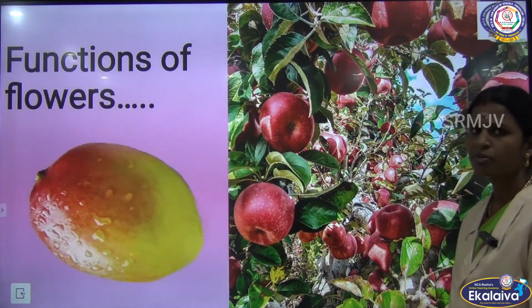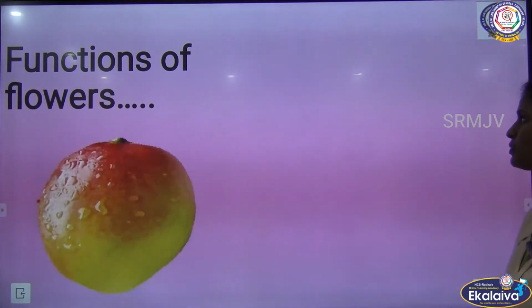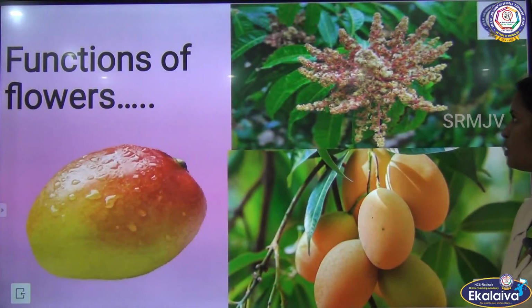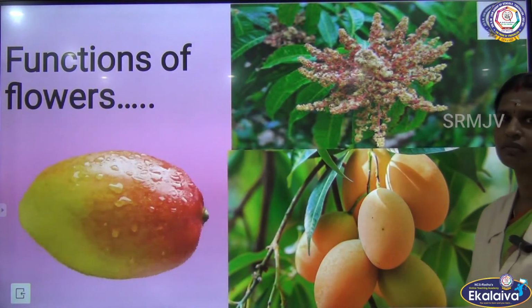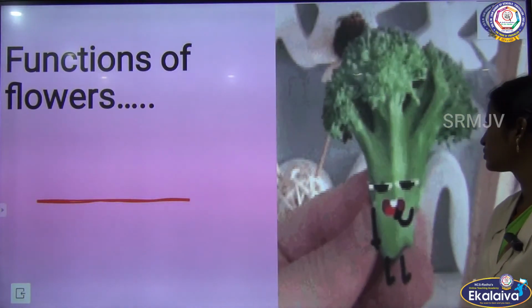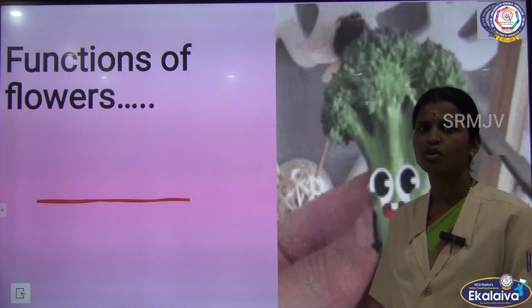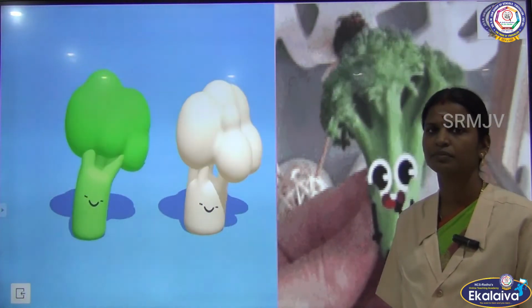An apple develops from the flower of apple tree. Mango develops from mango flower. And some flowers are edible such as broccoli, cauliflower, etc.